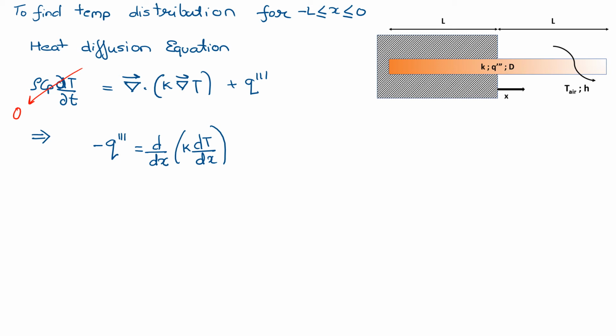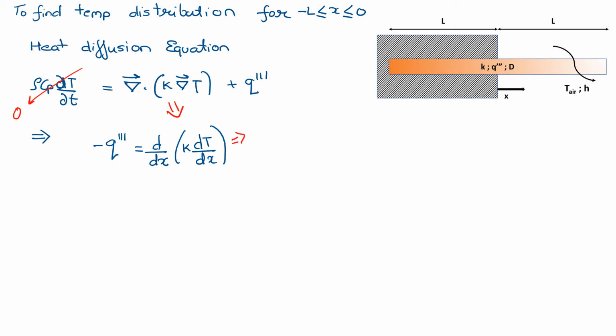and our equation will be minus q triple prime, that's the heat generation rate, that's the volumetric heat generation, equals del dot K del T, which can be written as d of dx times K into dT by dx.